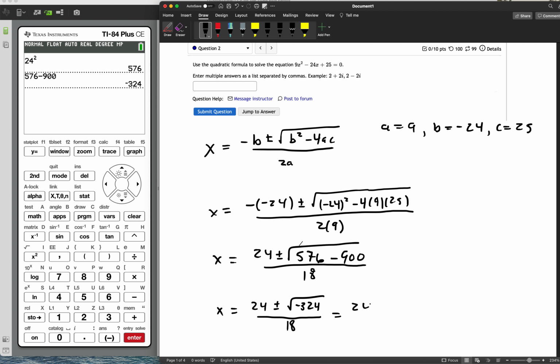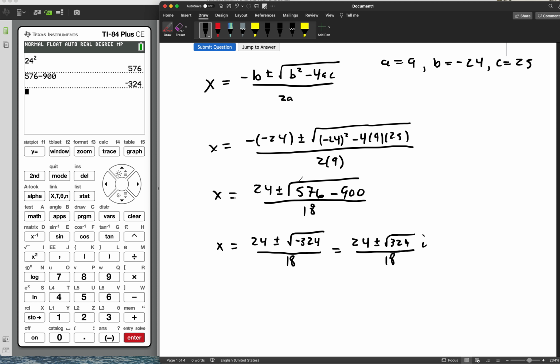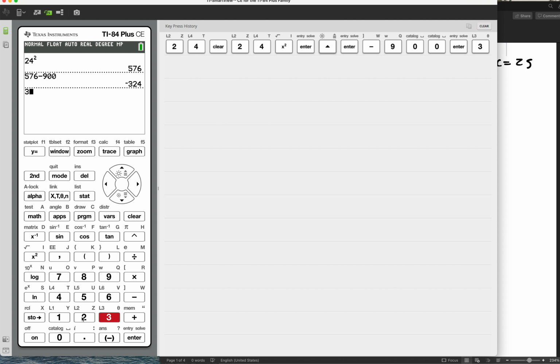So 24 plus or minus square root 324, with I on the outside of the square root. And now we just need to simplify this by seeing what the largest perfect square that divides into 324 is. Let's start with 16.